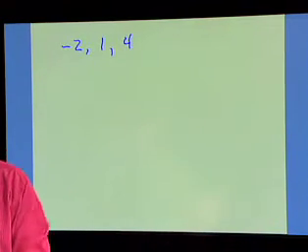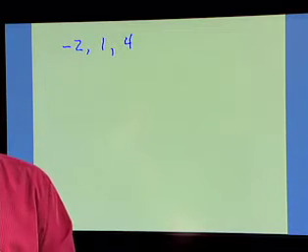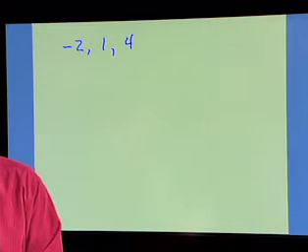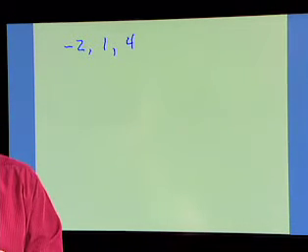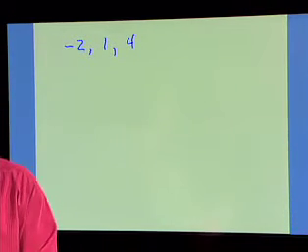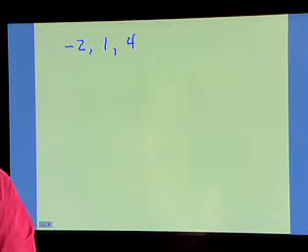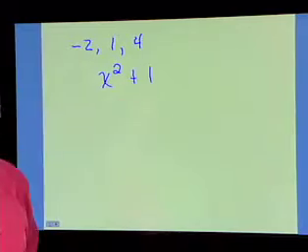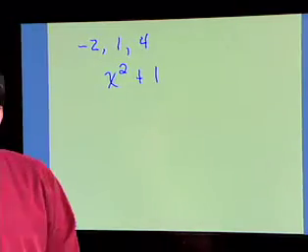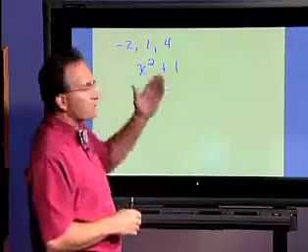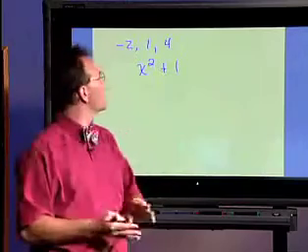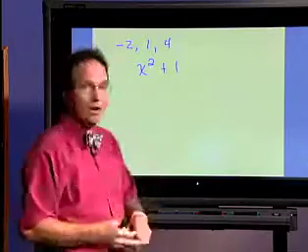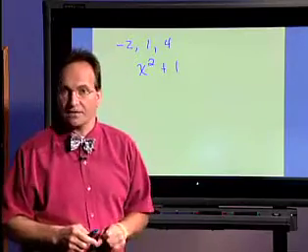Now, if we were to perform synthetic division using each of these roots, we verify that they are zeros, and once we do that, we would be left with a quadratic, x squared plus 1. Now, what that means is, besides the three real roots that we have, the x-intercepts of -2, 1, and 4, we also have two complex roots.